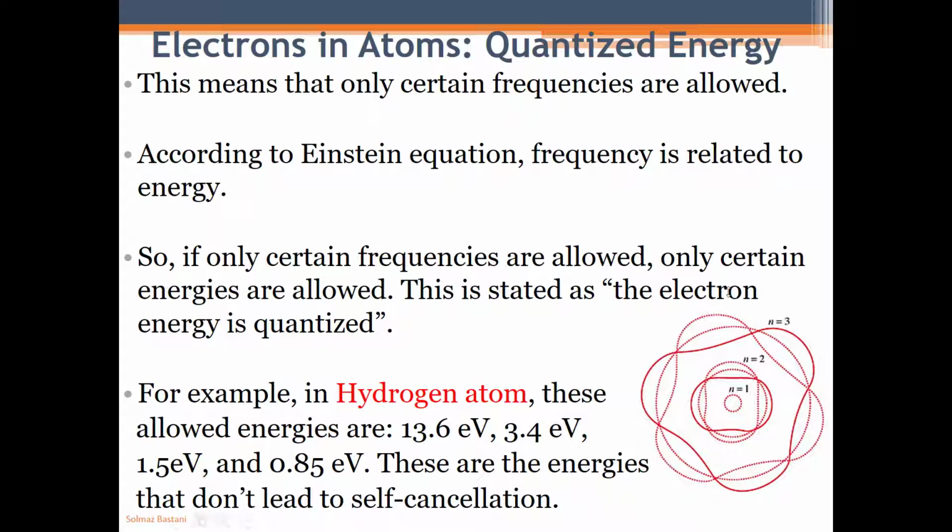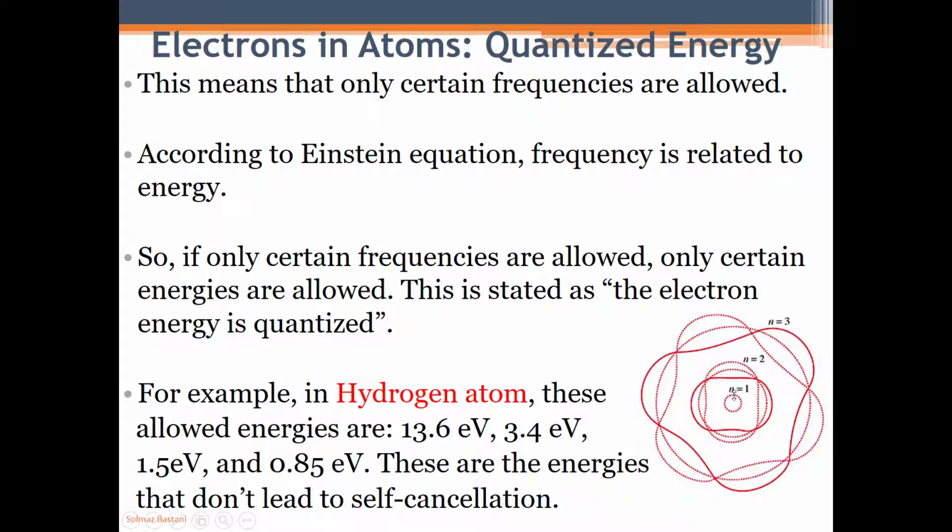For example, look at this figure here. This is a schematic of a hydrogen atom. Now, in the hydrogen atom, the allowed energies are 13.6 electron volts, 3.4 electron volts, 1.5 electron volts, 0.85 electron volts, and so on. Okay, so these are the energies that do not lead to self-cancellation of the wave of the electron.